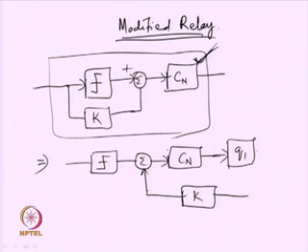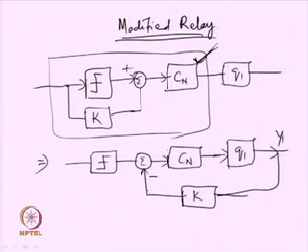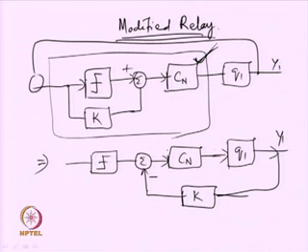Then in that case, we will have our Y1, and this gives you a negative feedback, because when Q1 is connected, output of the Q1 is fed back in this form. This is how the relay test is conducted.